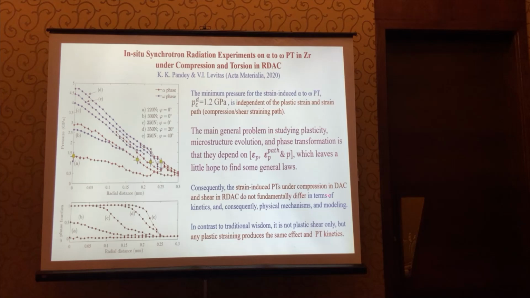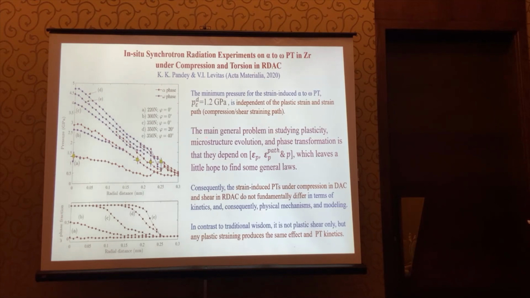And we actually obtained a lot of results, practically the same in the traditional cell as in the rotational, but the rotational diamond cell still has a significant advantage in that it allows independent control of pressure and plastic strain. And this is very important, especially from a technological point of view.